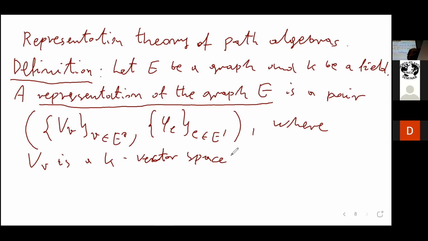And now what is important is what are these homomorphisms, and most precisely from where to where they are defined.